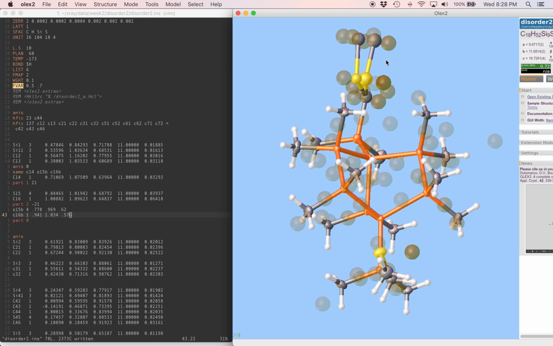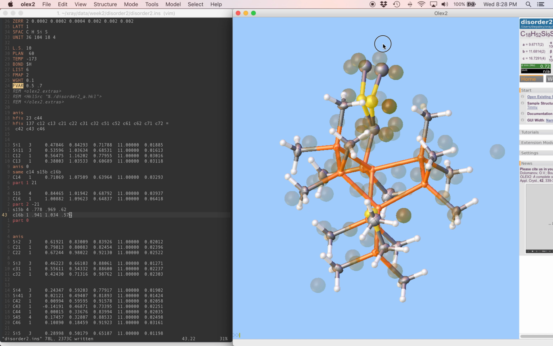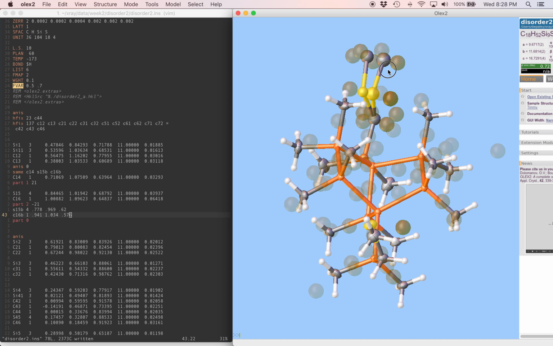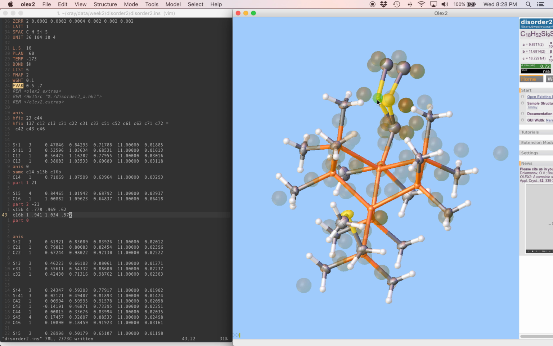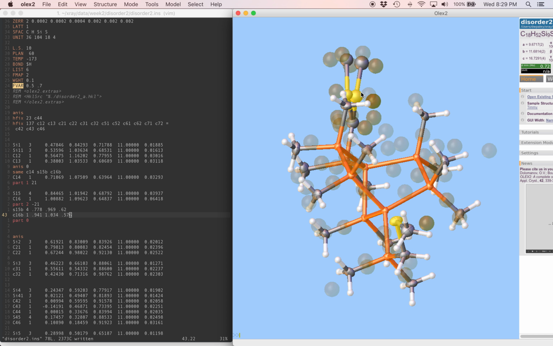We could see in our isotropic model that there were some big difference features around the more occupied S15. So maybe we should make that atom anisotropic so that it can take care of its own difference features, and the new atom S15B won't be tempted to wander over here and try to help with those difference features.